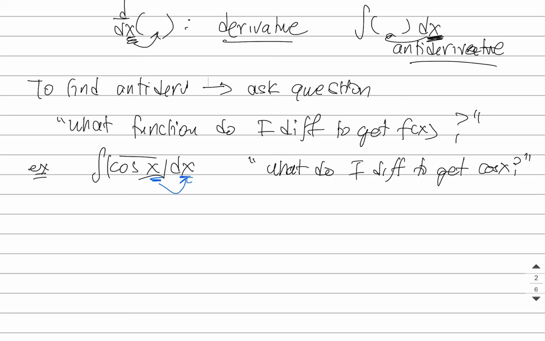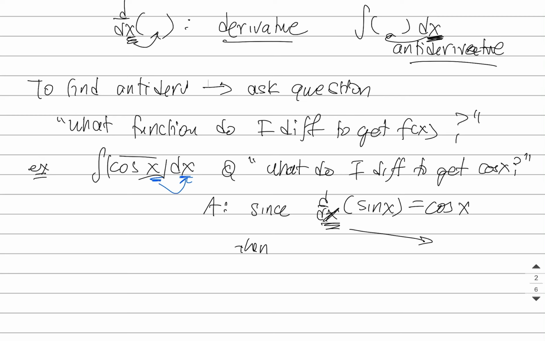So if this is the question, then the answer we already know. Since the derivative of sine is equal to cosine, we're going to switcheroo this. Then sine is the antiderivative of cosine.